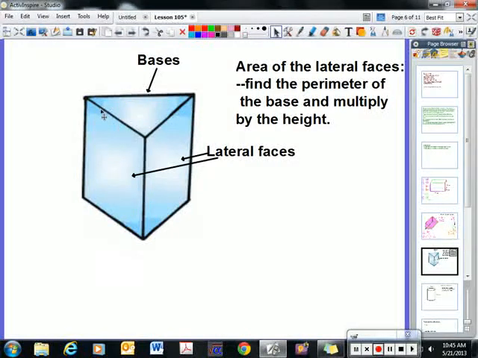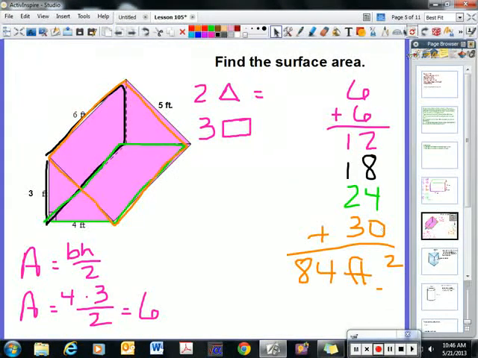If I took this times the height, this times the height, and this times the height, that's how we found the area of the 3 rectangles on the previous slide. So if I add those 3 together and then take it times the height, that will give me the surface area. Now we're going to go back to the previous slide. I want you to keep that 84 in your brain that we got as our answer.